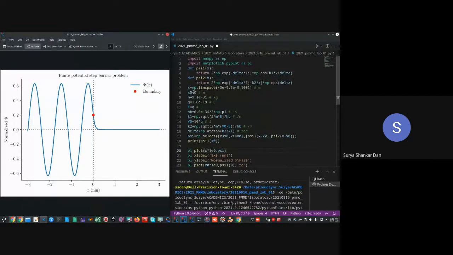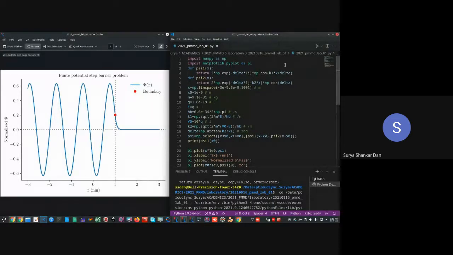Okay. The first thing that we will do is we will change the position of x0. So instead of this 0, I will put something like, let us say, 1 10 to the power of minus 9. Okay, so once we do that, let's F5. So what has happened?